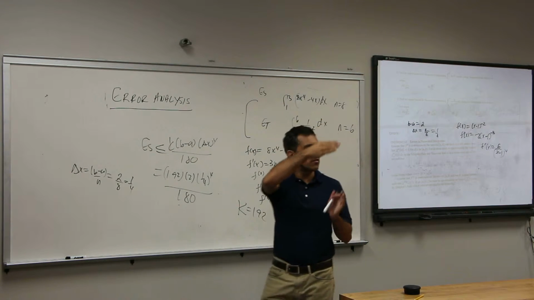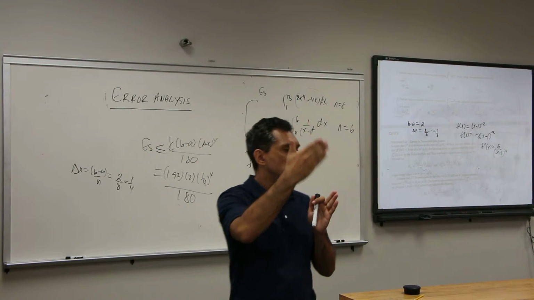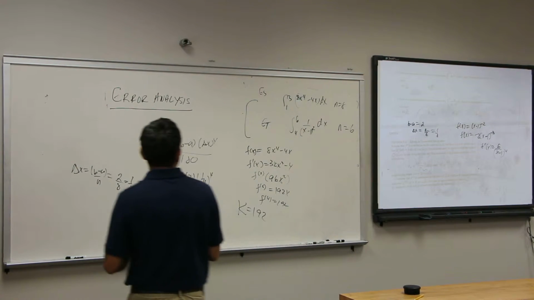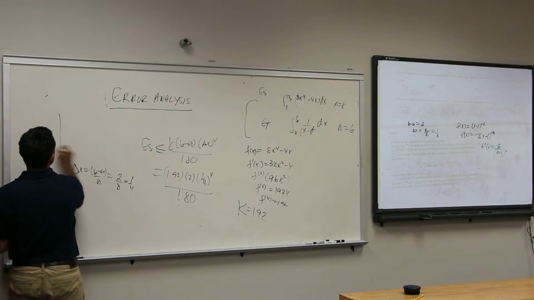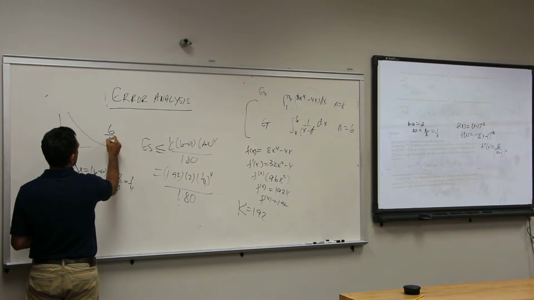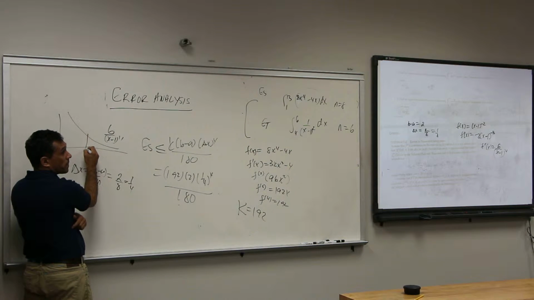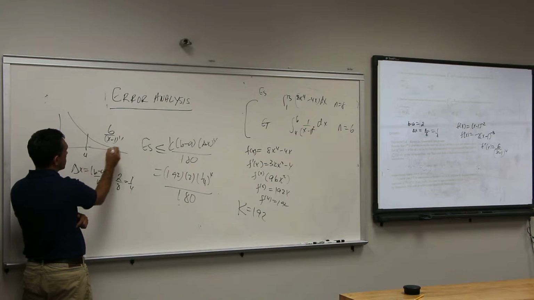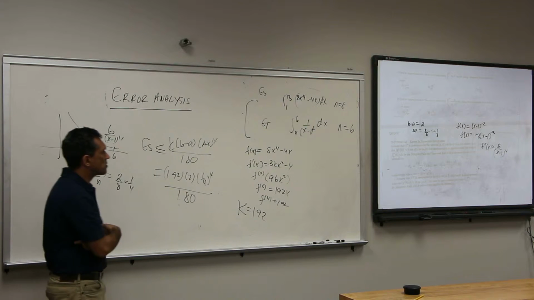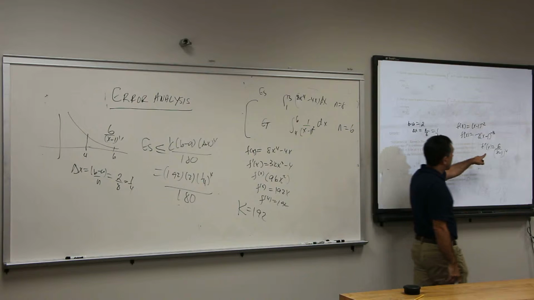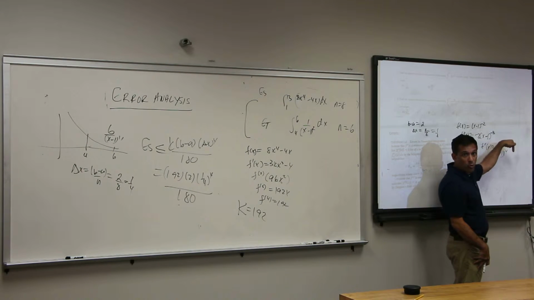And that is a decreasing function. And you're looking at this function between 4 and 6. What's its maximum value? Well, 4. This evaluated at 4.